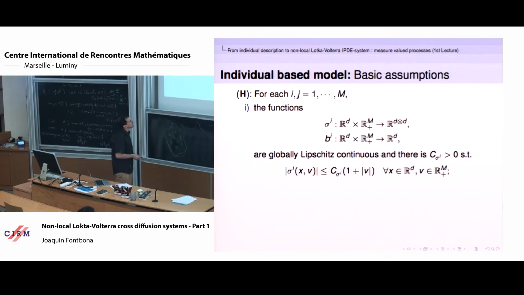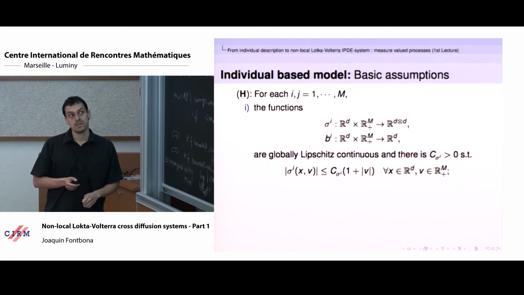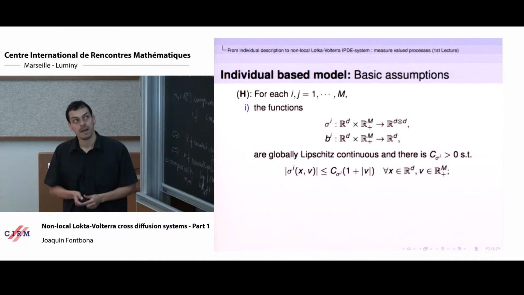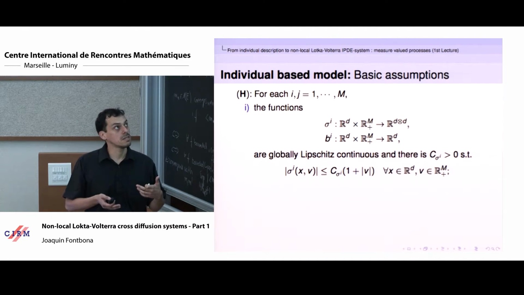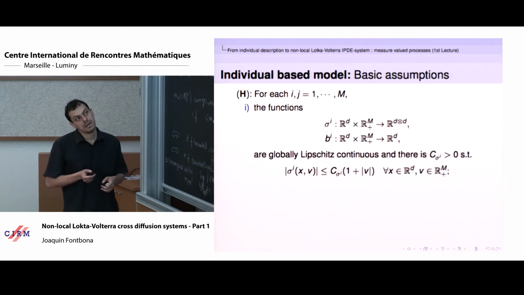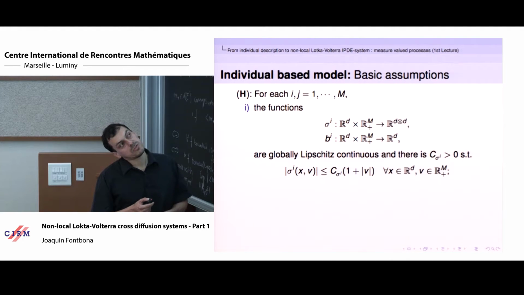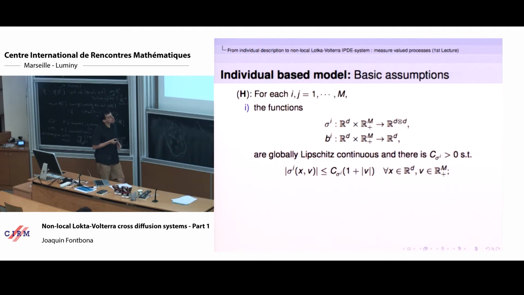Moreover, I will assume that the growth of the diffusion coefficient in terms of all of the populations' densities is at most linear, uniformly on the position where my individual is. The idea is to allow for changes in the diffusion behavior affected by the density of the other populations, and even allow this influence to be unbounded. So it can grow, but not too much.